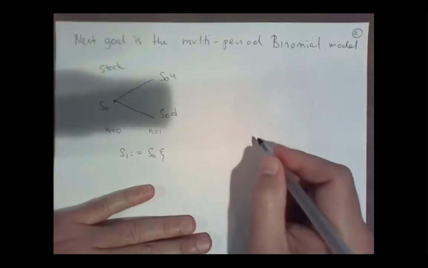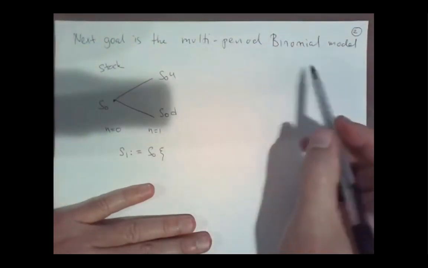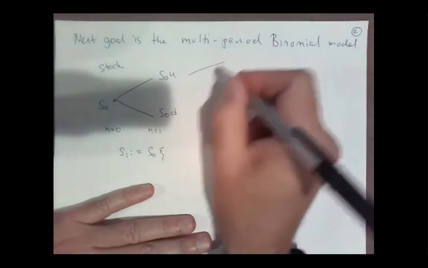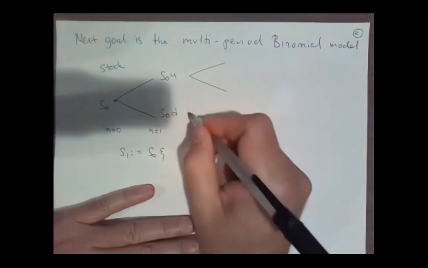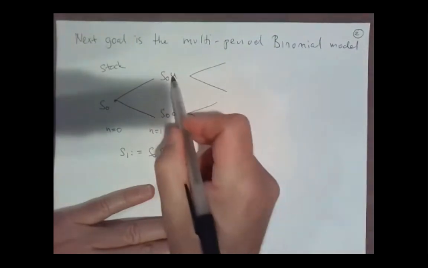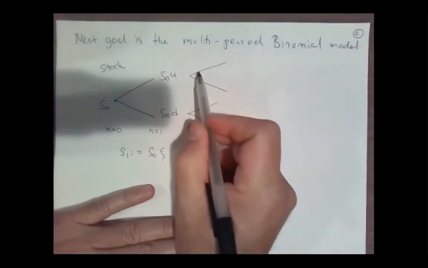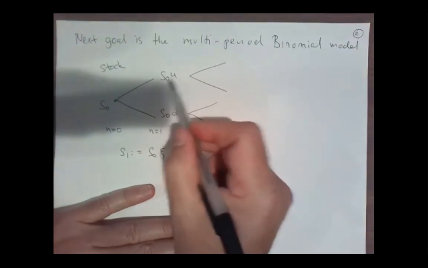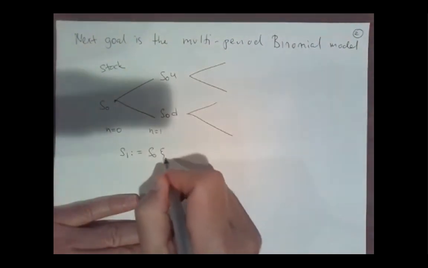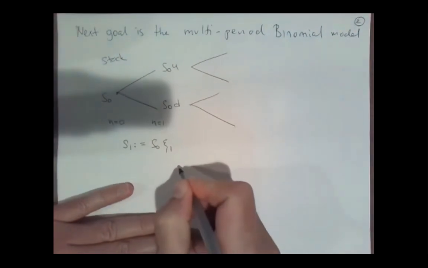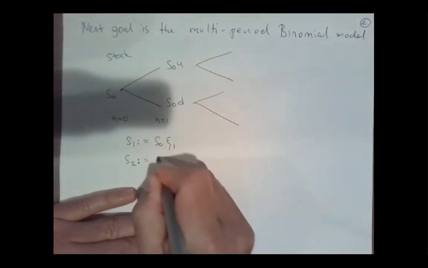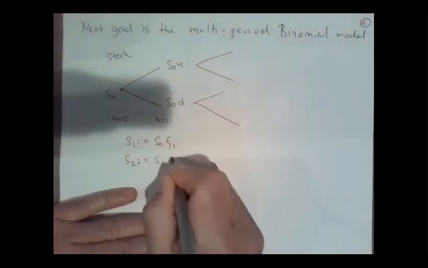So now we move on. We want a multi-period binomial model. The binomial means that there are always two options. So we go up here, we flip another coin. If we call the first coin flip psi1, then we will have psi2, and this is going to be S1, and then another coin flip.